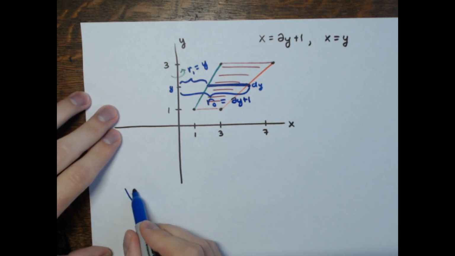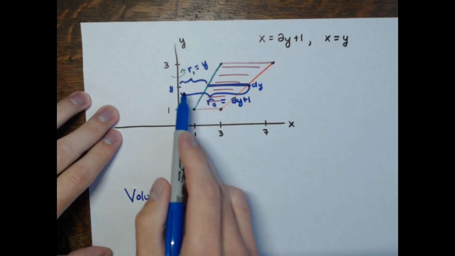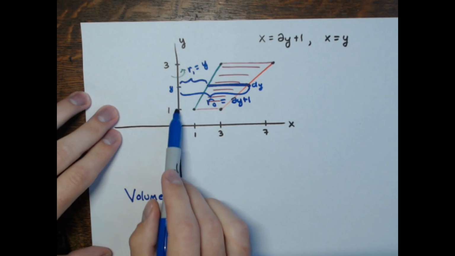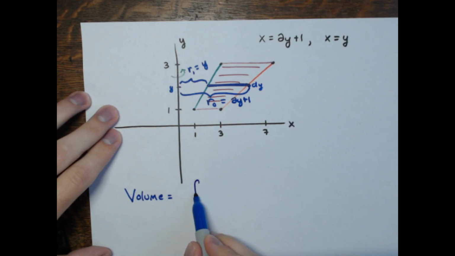All right, so the volume of this shape that's created, I'm going to be creating a washer, finding the volumes for every y value from 1 to 3. I'm integrating from y equals 1 to y equals 3. I'm going to pull the pi out, it's a constant multiple.